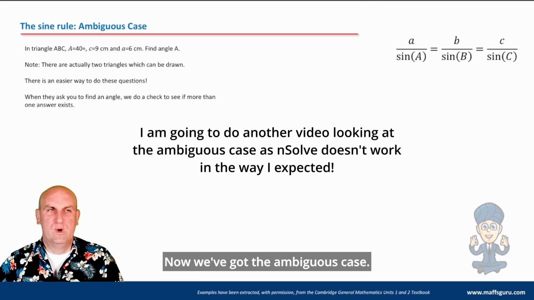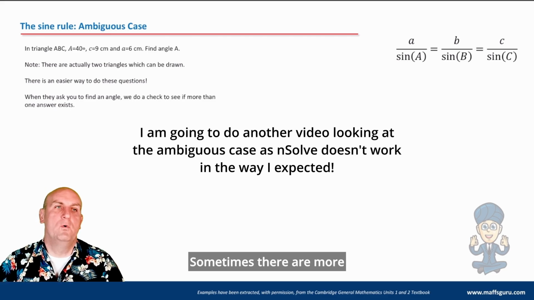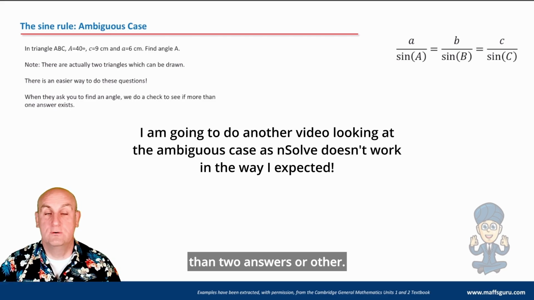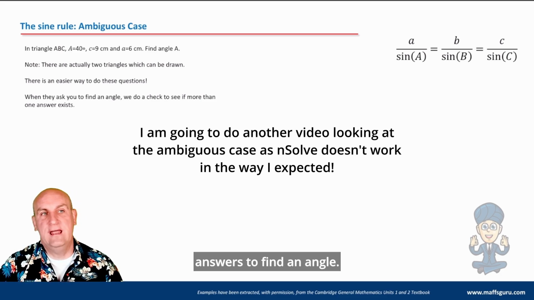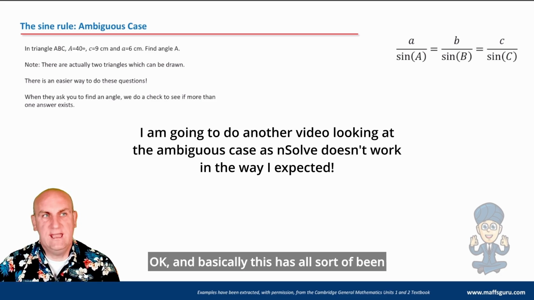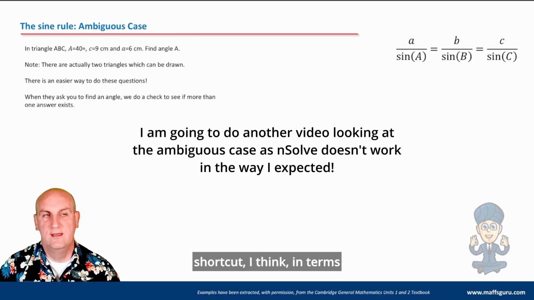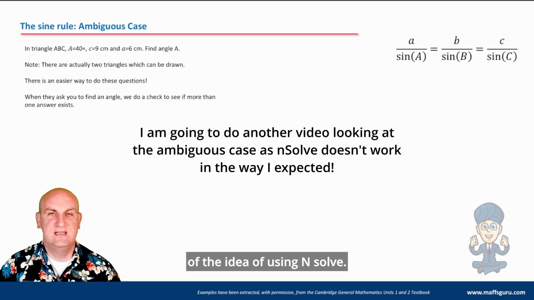Now, we've got the ambiguous case. Sometimes there can actually be two answers to find an angle. Basically, this has all been shortcut, I think, in terms of the idea of using nsolve.